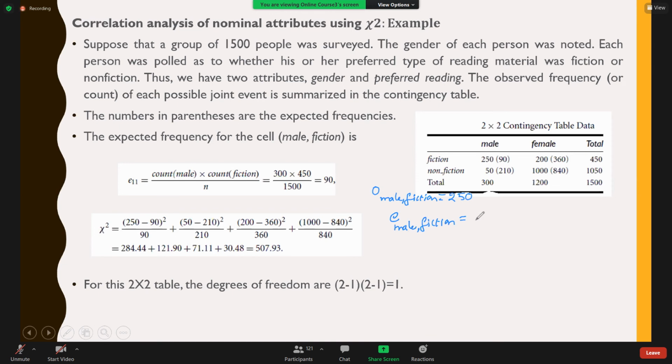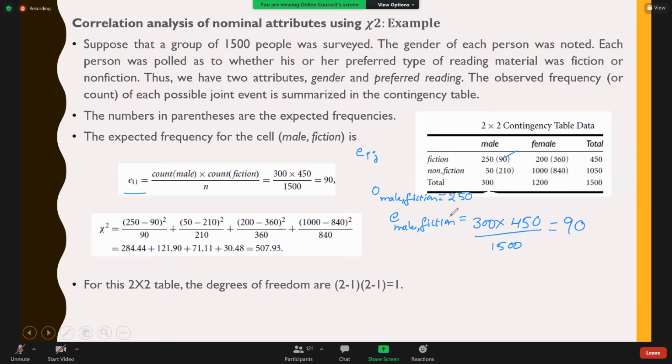What is the count of male? 300. What is the count of fiction? 450. So 300 into 450 divided by total number of observations, which is equal to 90. So this is the expected frequency, which we call E11. 11 refers to the first row, first column. That is one cell value, E_ij.